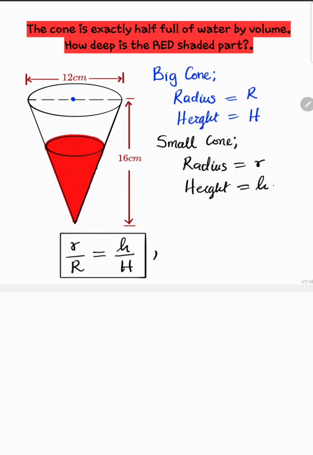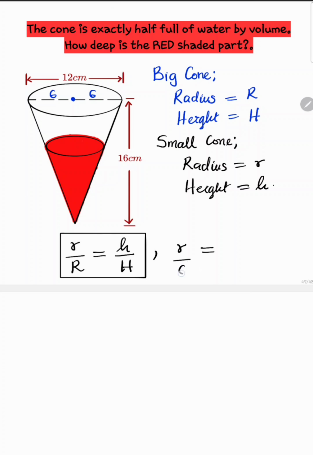By substituting the values, our r, which we are not given, over capital R, the radius of the bigger cone. We are given the diameter to be 12, so definitely the radius will be 6.